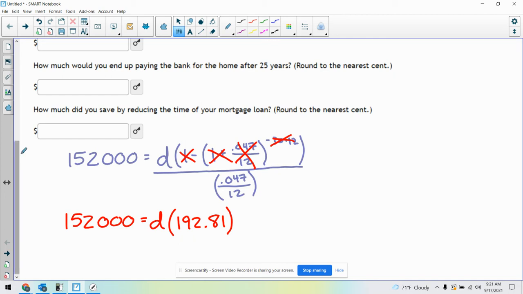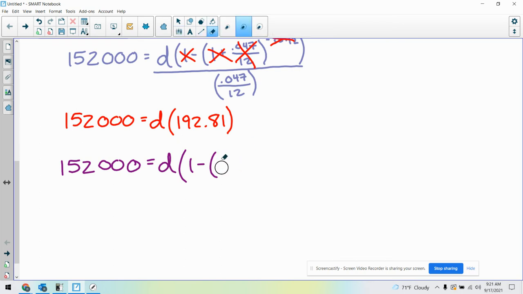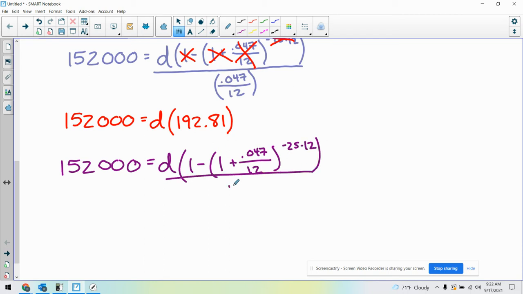So I'll rewrite it just so we're all on the same page. 152,000 equals D times 1 minus 1 plus 0.047 over 12, and the only number that changes is this, now negative 25 times 12, all over 0.047 over 12.